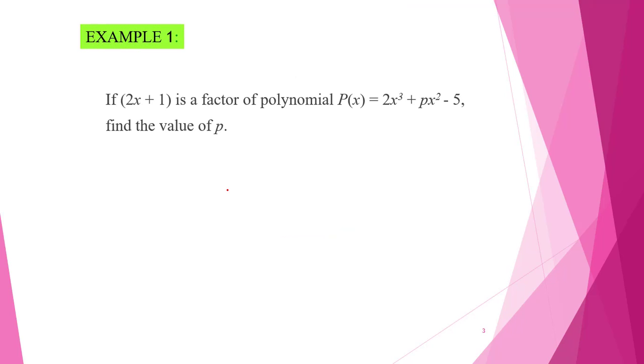If 2x plus 1 is a factor of the polynomial, the polynomial given is p of x is equal to 2x to the power of 3 plus px squared minus 5. Find the value of p. In order to solve this problem, we can write back p of x is equal to 2x to the power of 3 plus px squared minus 5.